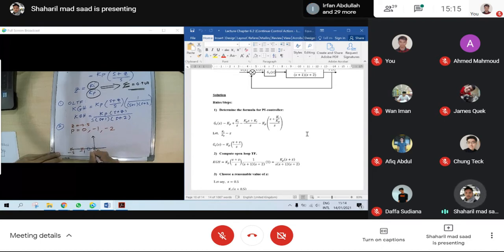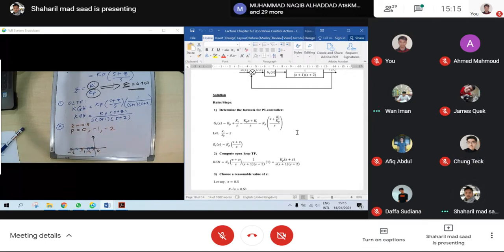So if you do like this, your pole goes in this direction, the root locus, and another one goes in this direction. So this one is equal to 0 minus 0.5. This part, do you understand about it?